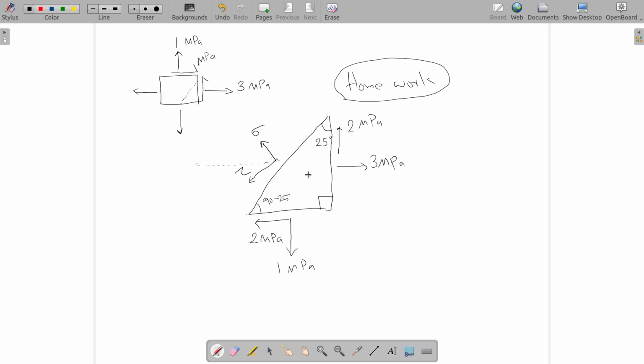So you know all the angles, so you know the ratio of length of sides. So the area is length of side multiplied by the depth. So depth can be assumed as what? Just 1. So multiply each stress component with the corresponding area and equate them. You will get the equilibrium equations.